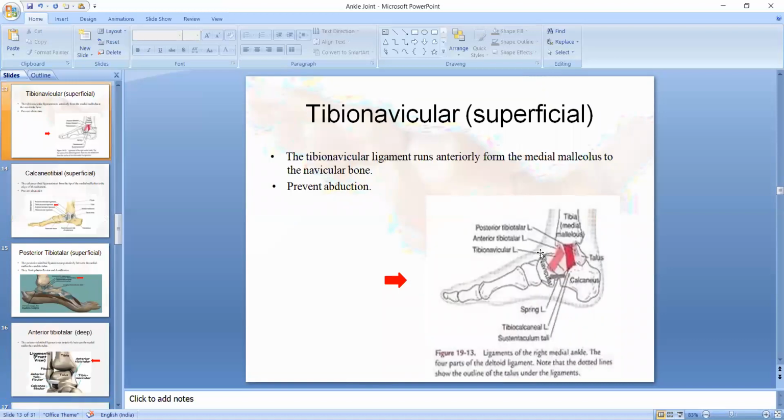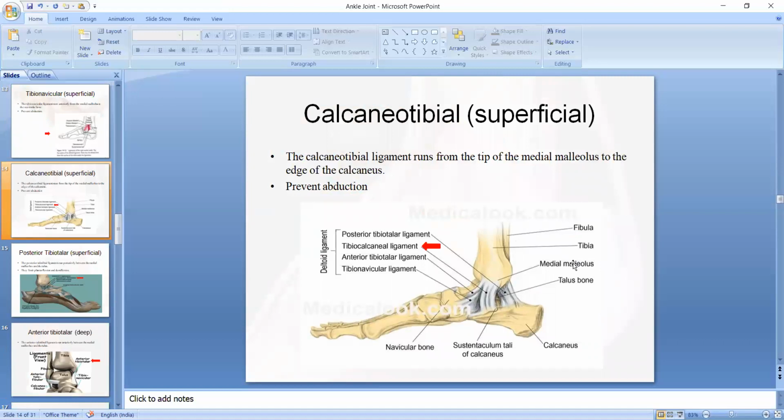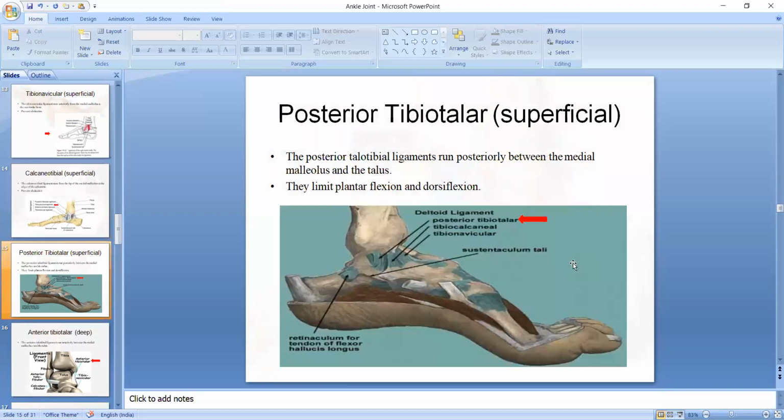Now we can discuss the tibionavicular ligament. It runs anteriorly from the medial malleolus to the navicular bone and it prevents abduction. Calcaneotibial: the calcaneotibial ligament runs from the tip of the medial malleolus to the edge of the calcaneus and it prevents abduction also.